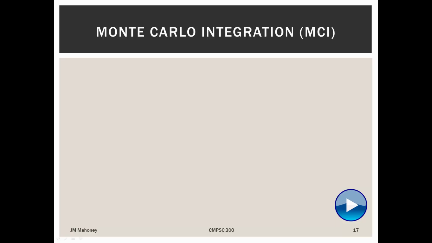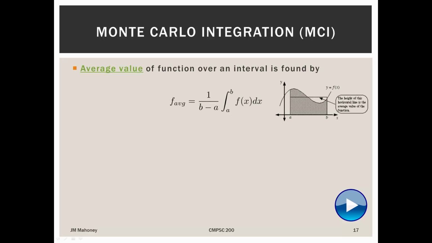So first we just want to revisit something you learned in Calc 1, which was how we find the average value of a function over an interval. So for this example function here, f of x, to find the average value, we can take the integral of the actual function between a and b, and then the average value is just the integral under that curve divided by its length.